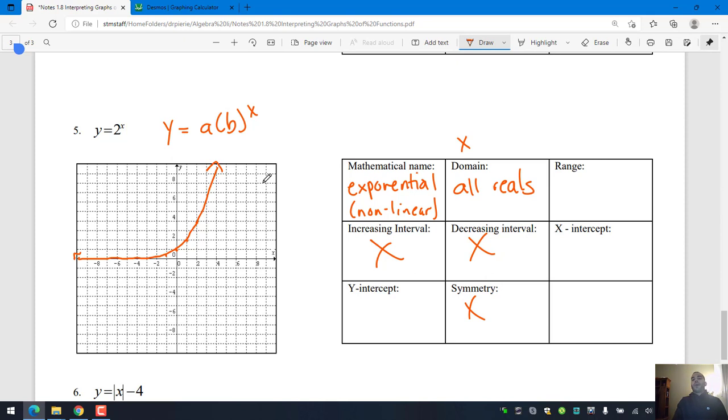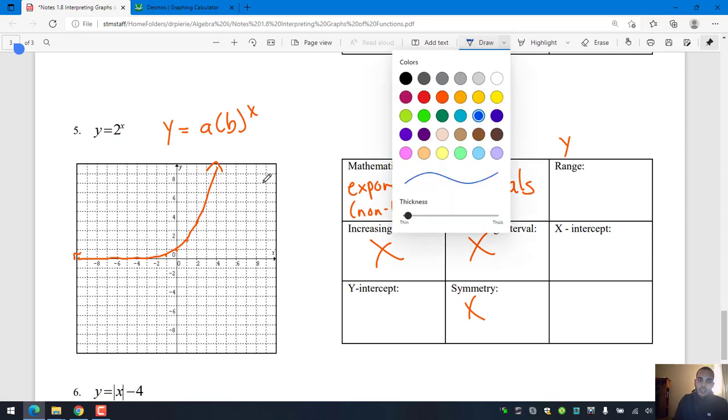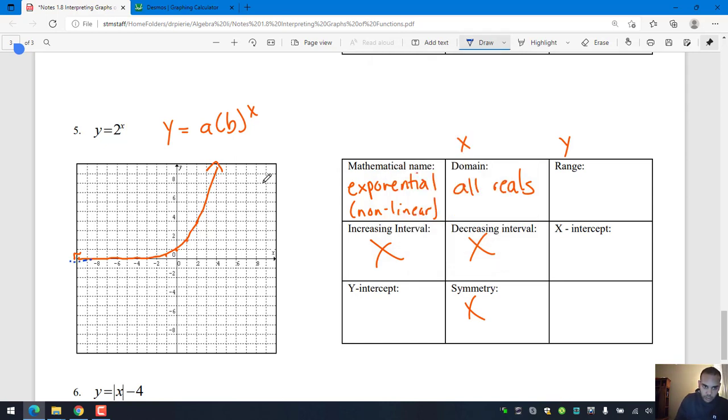Remember, range is what you can get back for y. This one's a little bit different because there is a floor to this one. There's never a point where this graph goes below this dotted line. I never get negative y values. It always stays above 0.